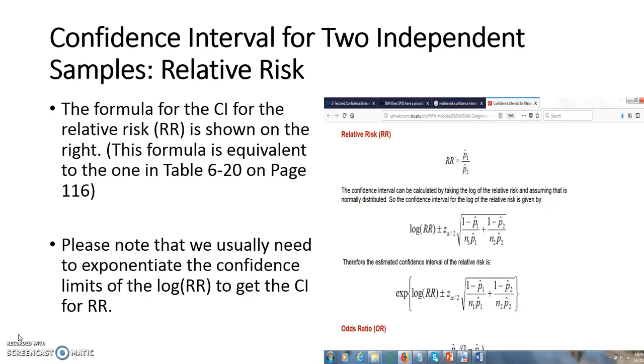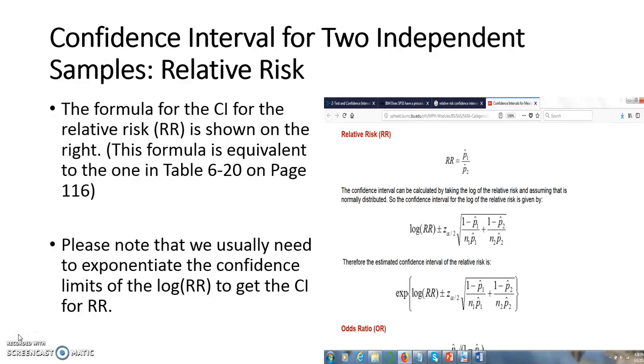So the relative risk is basically the ratio of two proportions, and then we can actually first calculate a confidence interval for the logarithm of this risk ratio, and one of the formulas is shown here. I think the formula in our textbook looks a little bit different because they use the sample counts and the sample size instead of these P1 hat, P2 hat, which are sample proportions.